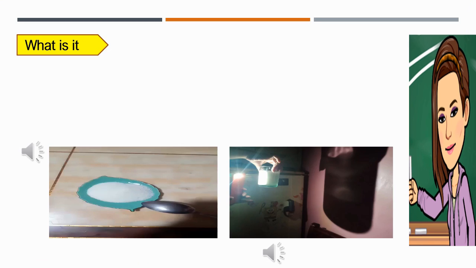Okay, class, let's have an activity. Activity 1. Describing colloid mixture. Problem: What do my particles do? What do I need? Milk, hot water, glass, spoon, flashlight.